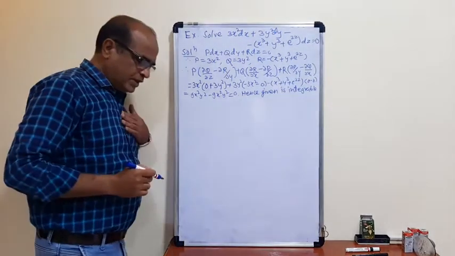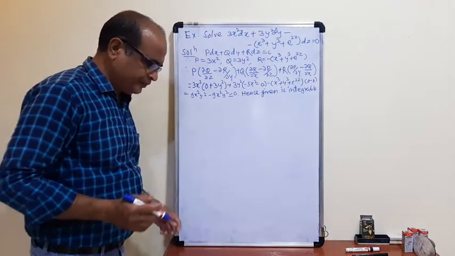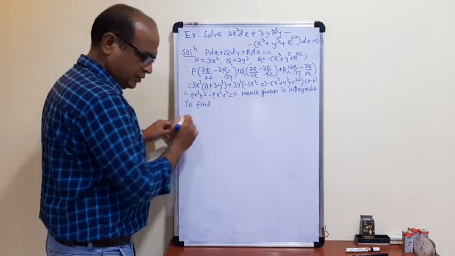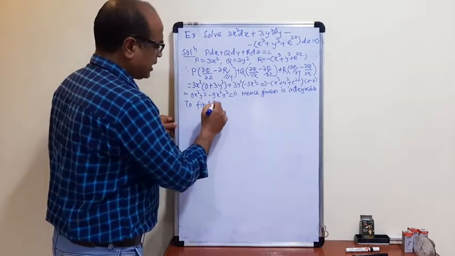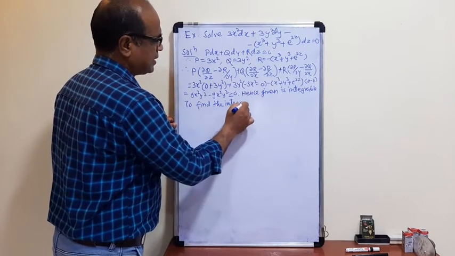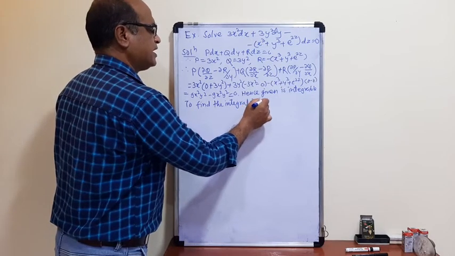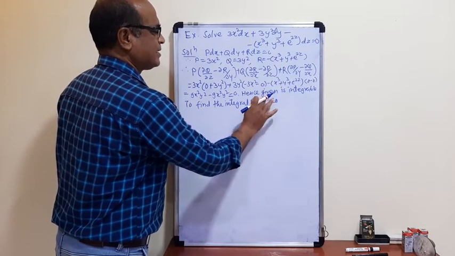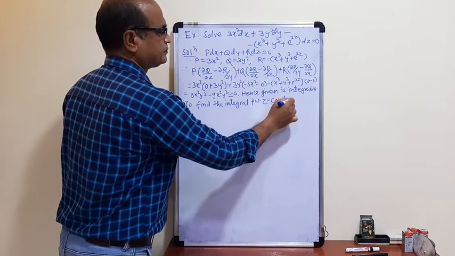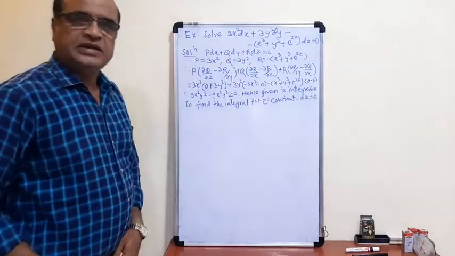Okay. Then what is the solution of the differential equation? So to find the integral, put z is equal to constant. That is dz is equal to 0.